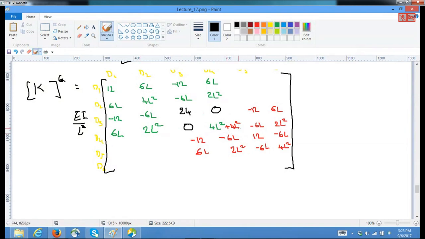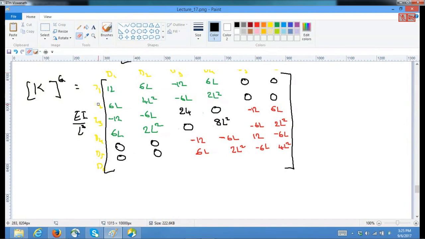This 4L square becomes 8L square. And the remaining things are 0, because there are no entries. So these are all equal to 0. So this is my stiffness matrix.